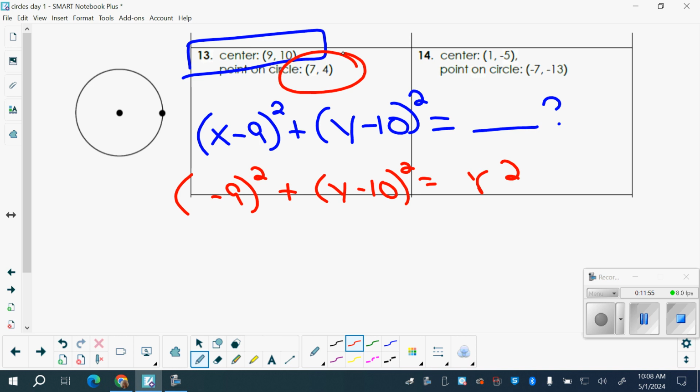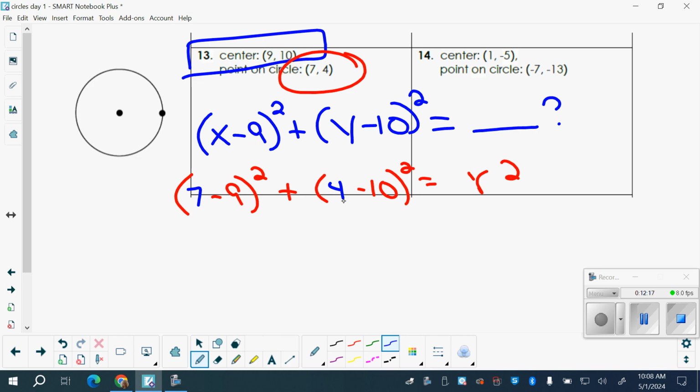Do I have an x? 7. I am going to pop out the y. Do I have a y? 4. Guess what? I have all the stuff I need to find r squared and just put it right there.